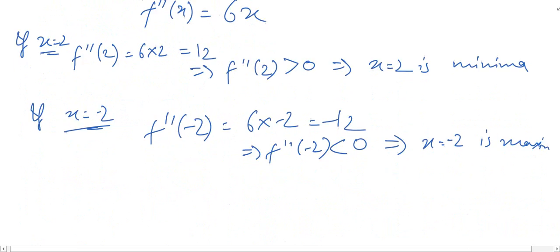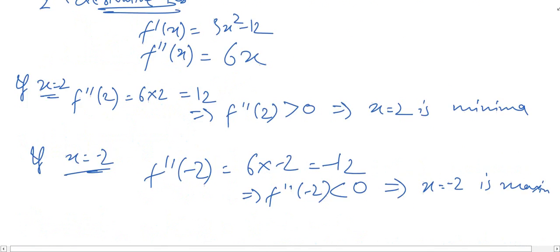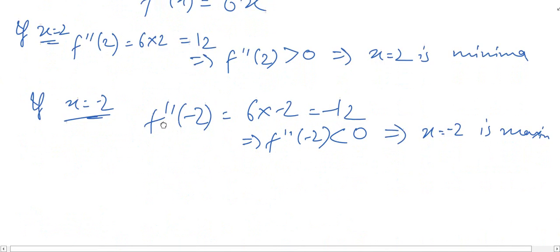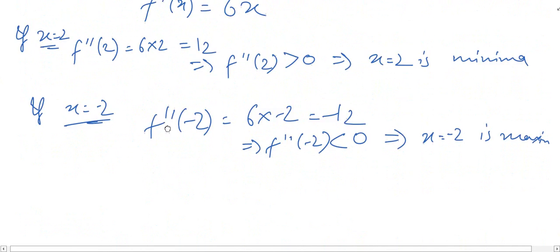So all these things constitute the concept of maxima and minima. Now let's dive into the concepts of integral calculus. I think all these things are clear, so let's move ahead, because these things are quite easy and understandable.